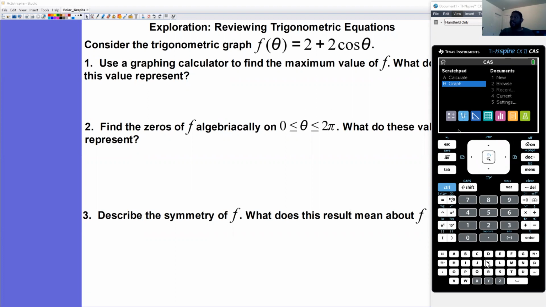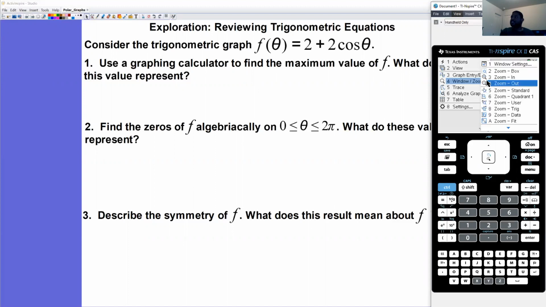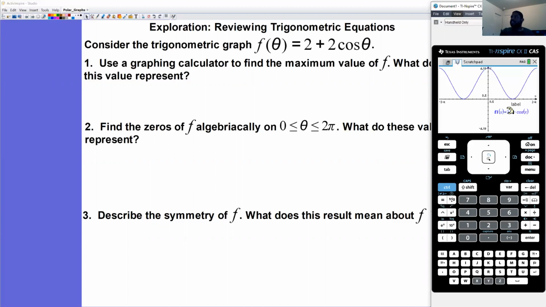So I'm going to go to my graph, and here's the graph of 2 plus 2 cosine theta. And if you notice here, it's a function of x as I typed it into the calculator. And if you zoom in enough, let's do a zoom here. And we're going to do a zoom trig. And looks like this is the best it'll get us for zoom trig. I'll do one more zoom.